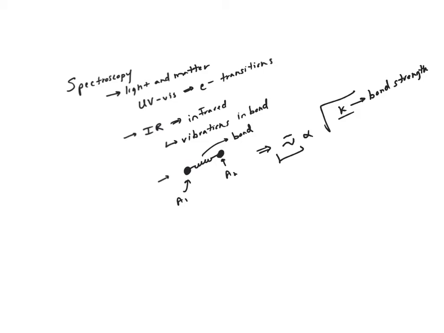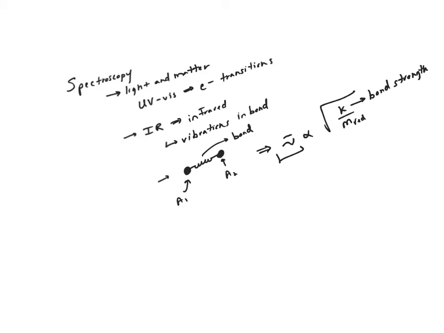And then what was the other component? It wasn't just bond strength, it also had to do with what? So we had a little M down here, and that M had a little subscript. This was M red, the reduced mass, right? So there are two different things that went into determining the frequency at which we were going to get absorbance, right?